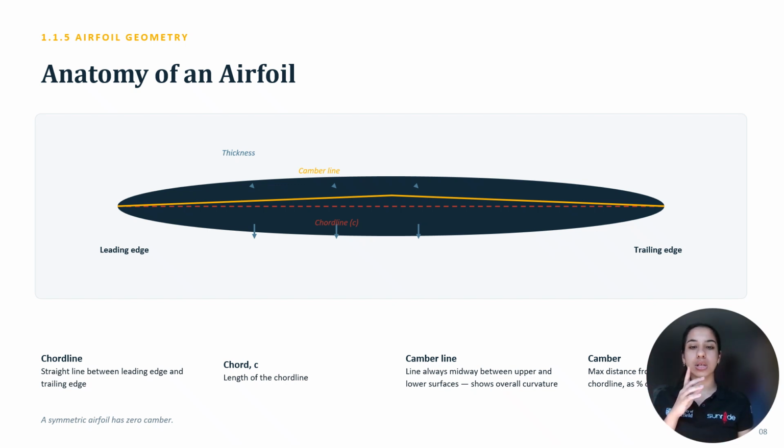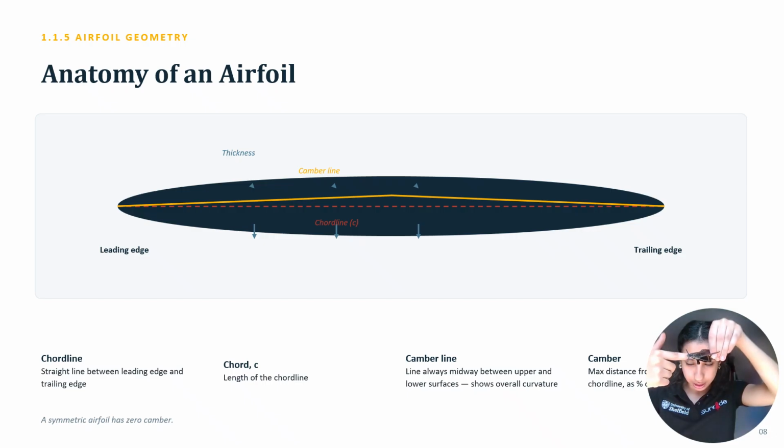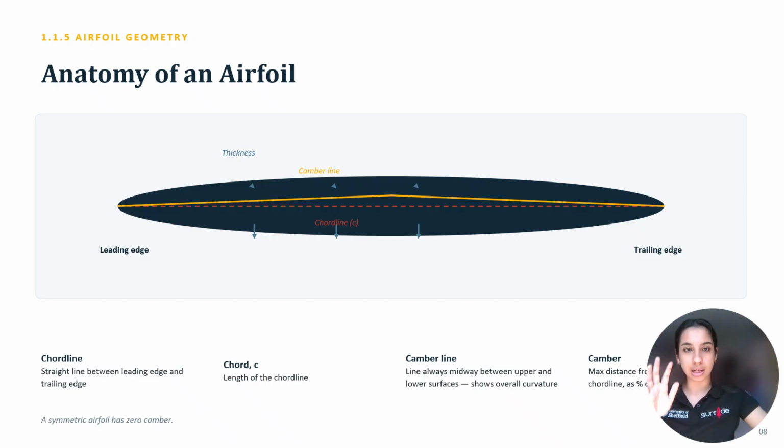When it comes to aerospace engineering or understanding how aircraft work, we need to understand the anatomy of an airfoil. Remember, an airfoil is, you see the wings, you cut the wings and the cross section is the airfoil.